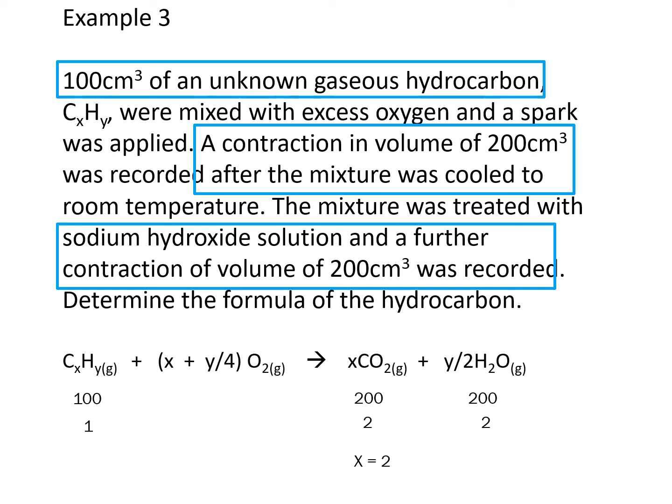Then looking at the last one, water, y over 2 H2O. Instead of it being y over 2, it will now be 2 H2O. So y over 2 equals 2. Work out that algebra, y equals 4. So your final answer, determine the formula of the hydrocarbon, is C2H4. And that's your 3 examples then that we use here.